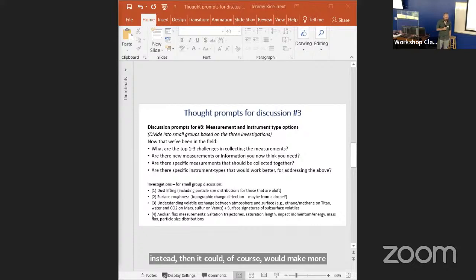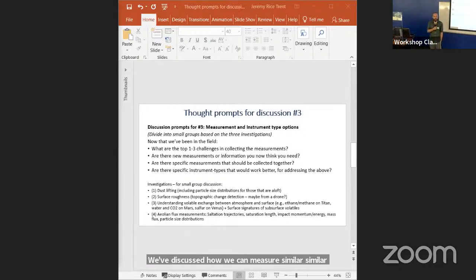And then on the moon, we've discussed how we can measure similar interactions between ground ice, which exists primarily in permanently shadowed regions near the pole, and atmosphere, kind of continuing the lightning talk we heard this morning.